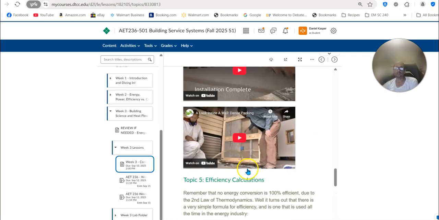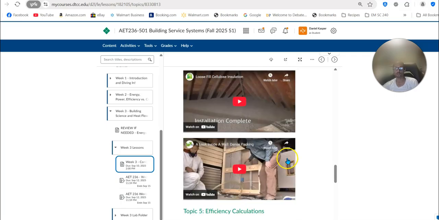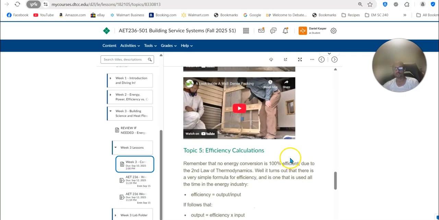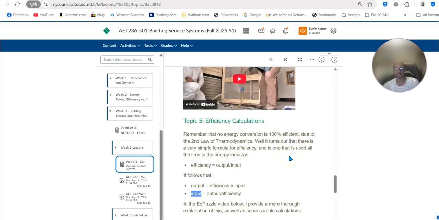Okay, so that's a high level overview of what you're going to go over this week. So ultimately, what you will be able to do by the end of the week is explain how heat transfers through surfaces and explain the impact of variables on that heat flow, such as R value and U value and area and insulation levels and so forth.